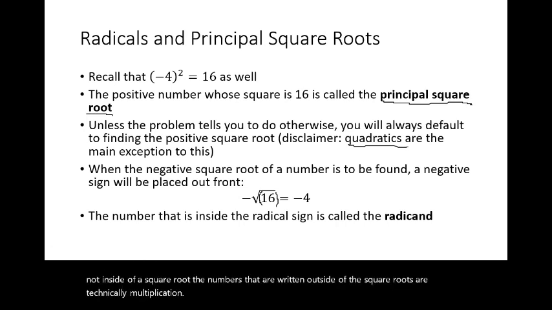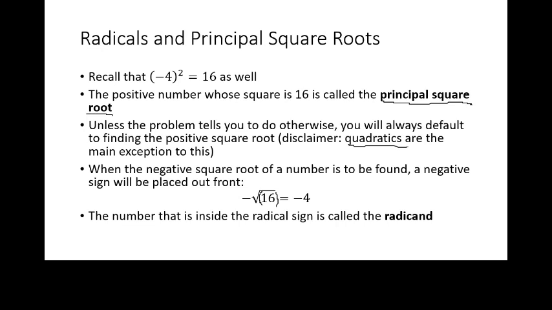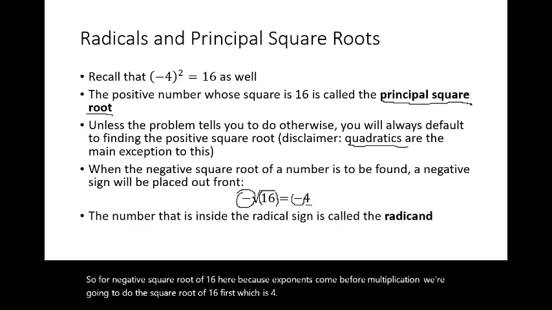So for negative square root of 16 here, because exponents come before multiplication, we're going to do the square root of 16 first, which is 4. And then that negative that is in the front is just going to stay there, giving you a final answer of -4.